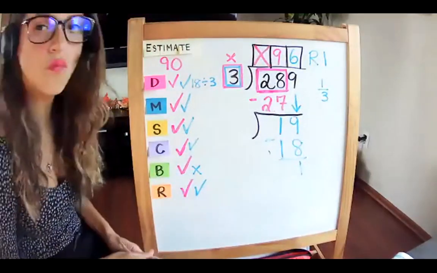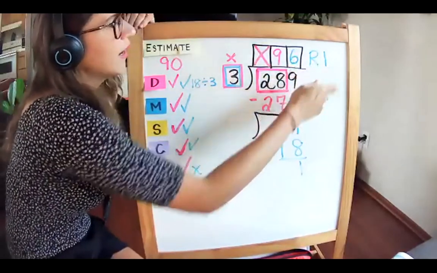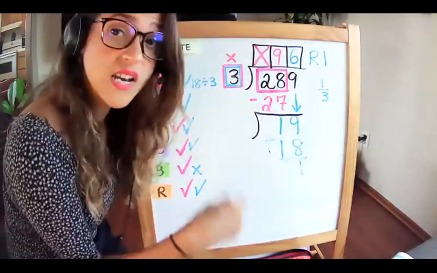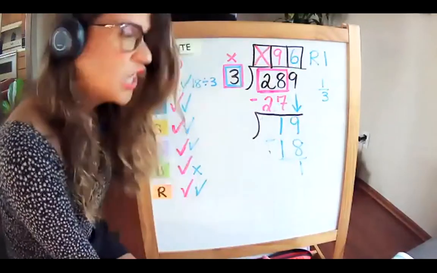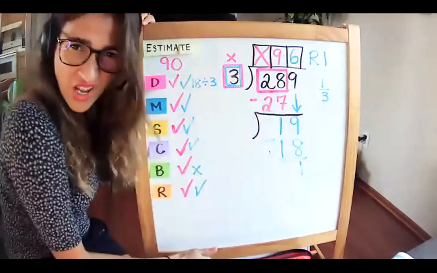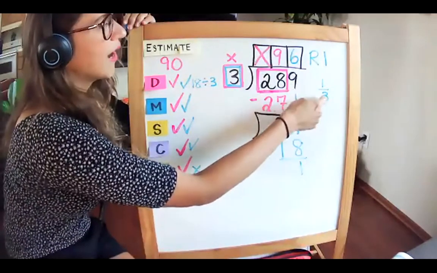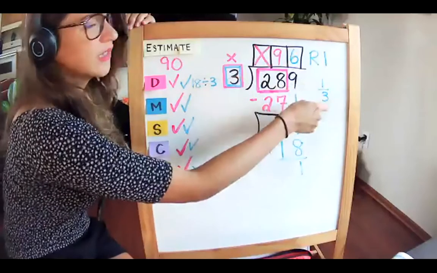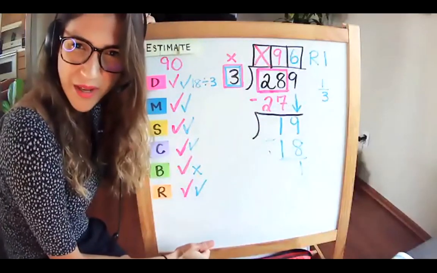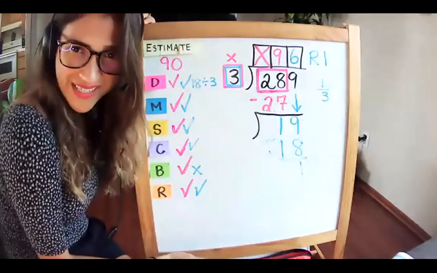So you could write your answer as 96 remainder 1, but in real life, you wouldn't say, I need 96 remainder 1 of this. You would say, I need 96 and 1/3 of this. So you can write it as a fraction because we have 1 out of a possible 3 left over. Does everybody see how that's a fraction of our divisor? A whole 3 didn't fit in, but 1/3 of it did.